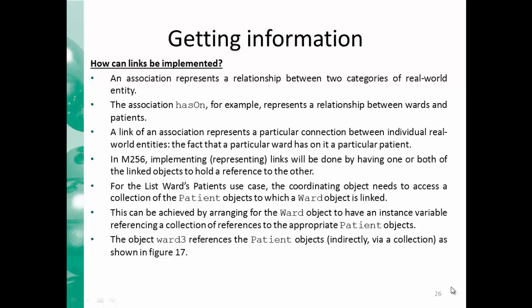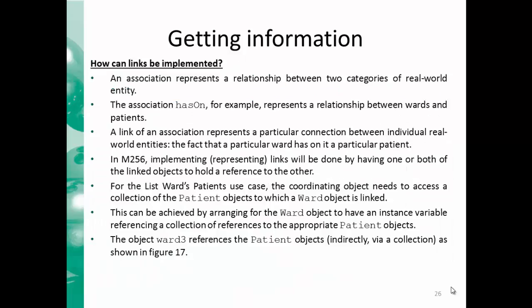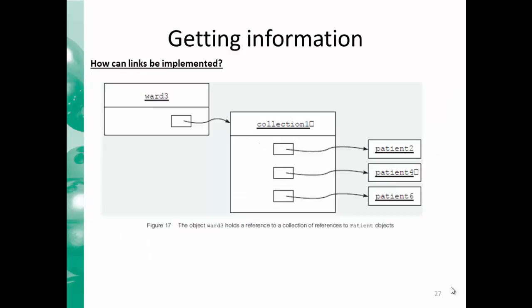As you may remember, we have an association and a link, as you can see in this diagram, between the word and the patient. It's called the has-on relationship, which means that word 3 has on some patients, and these patients are built as a collection of patients. It can be an array or any other collection.